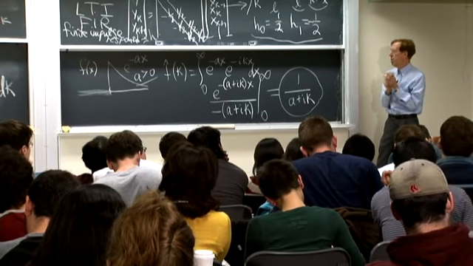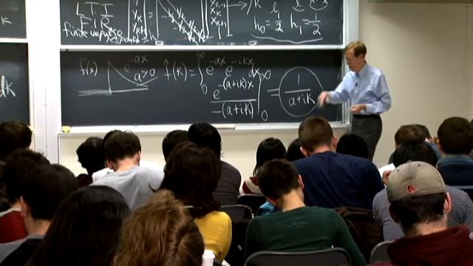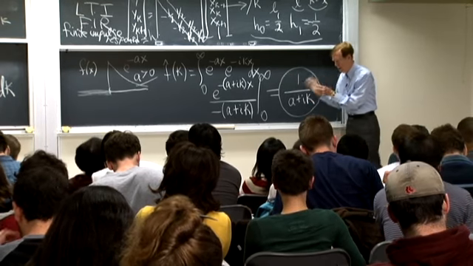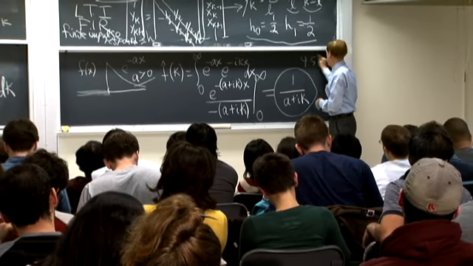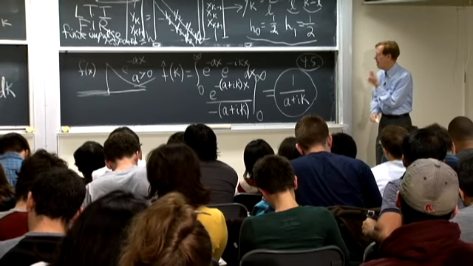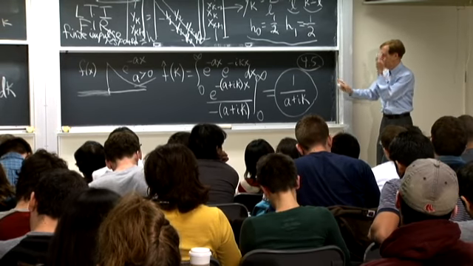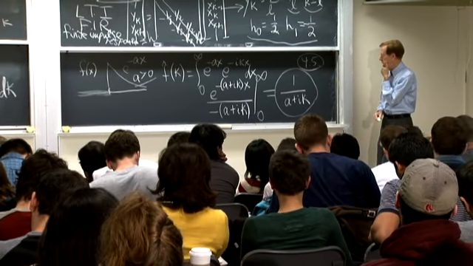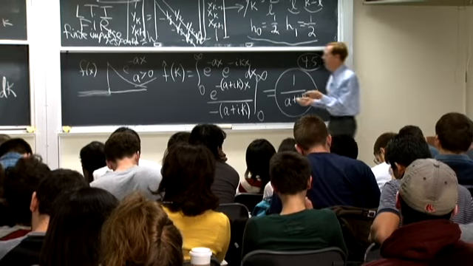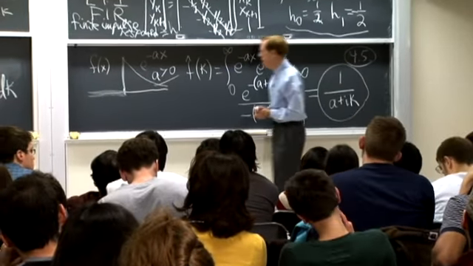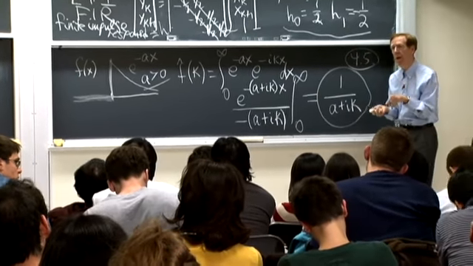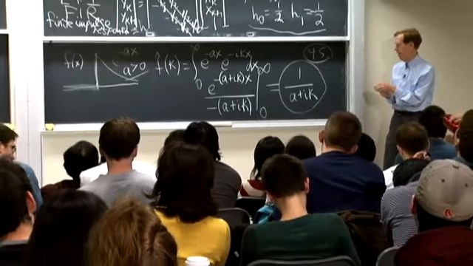Now, just a quick look at that, and then I'll do some more. This example is example 1 in section 4.5, and we'll do more examples. But let's just look at that one. I see a jump in the function. What do I expect in the decay rate of the transform?